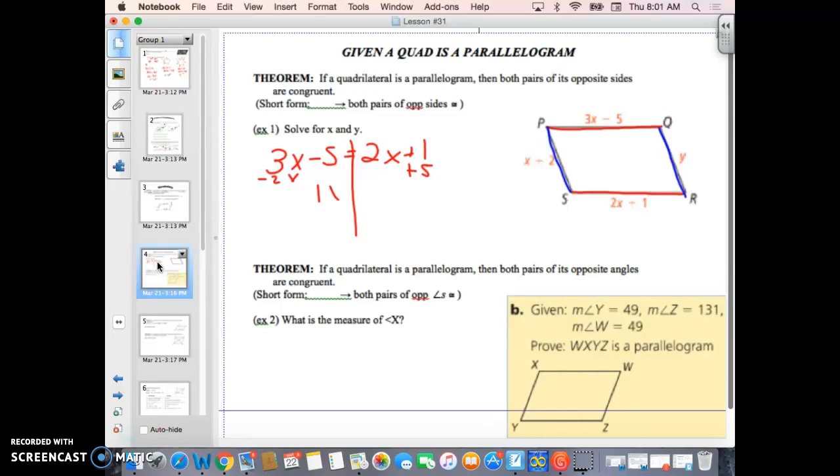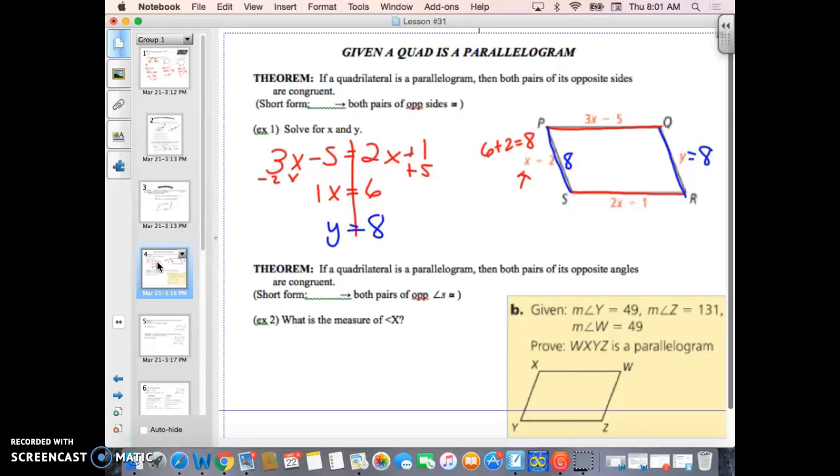So that's 1x equals 6. So now that I know x is 6, I can plug it in right here. So 6 plus 2 equals 8. And because I know that this side is 8, I now know that y is also going to be 8.